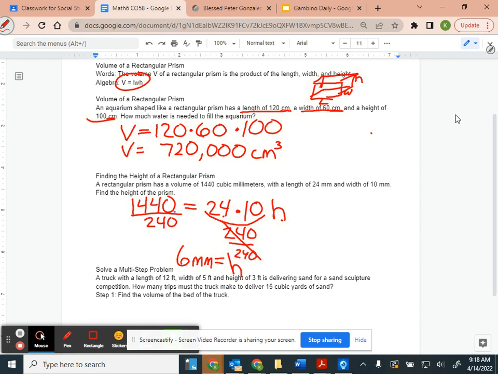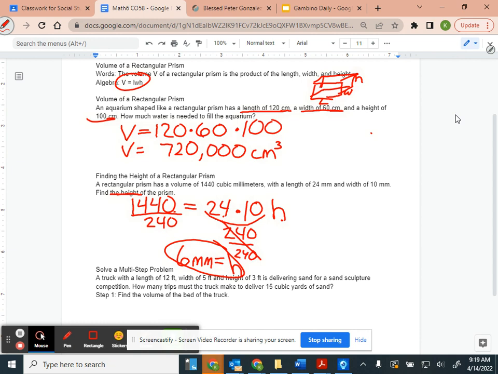So this was millimeters cubed. I divided out 1, so it would be millimeters squared. I divide out another, so it's just millimeters. So the height is just a millimeter. Okay, so 6 millimeters. So that's our answer. That's our height. We're searching for the height.